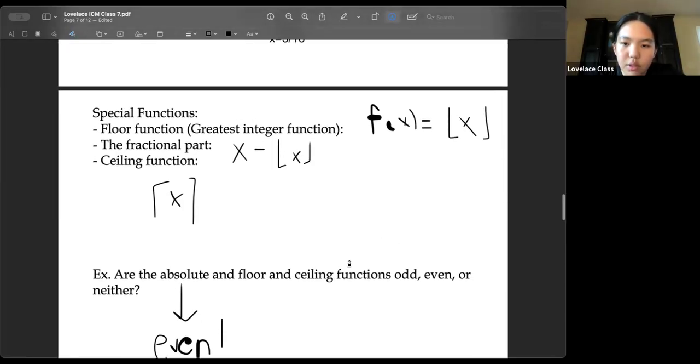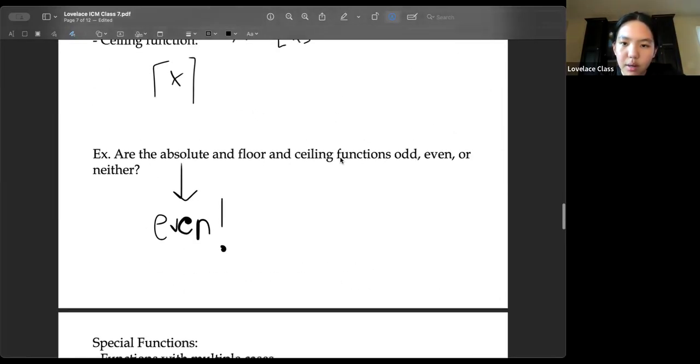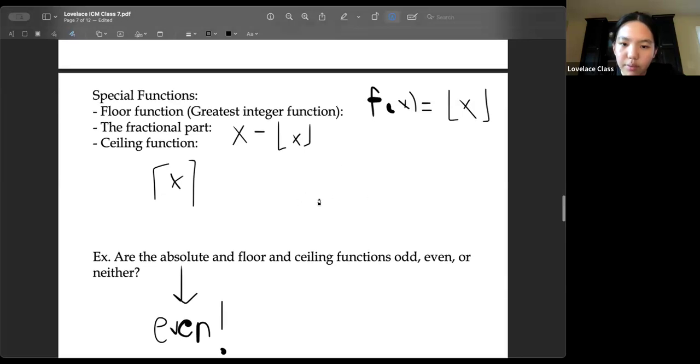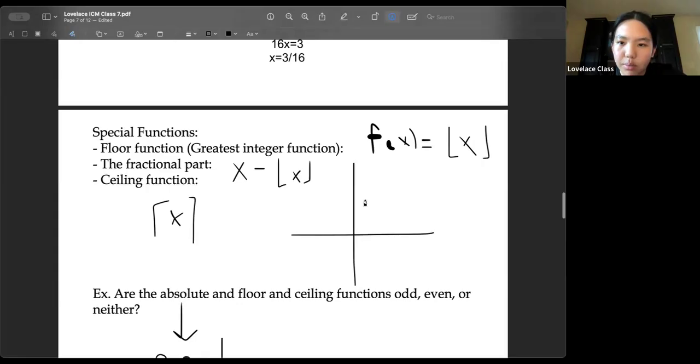However, the floor and ceiling functions are neither, because, all right, let me just graph the floor function. So we take 0. For all integers, the floor function is going to be equal to itself, right? Because the greatest integer that is less than or equal to an integer is itself. So at all of the integers, we have them equal to themselves.